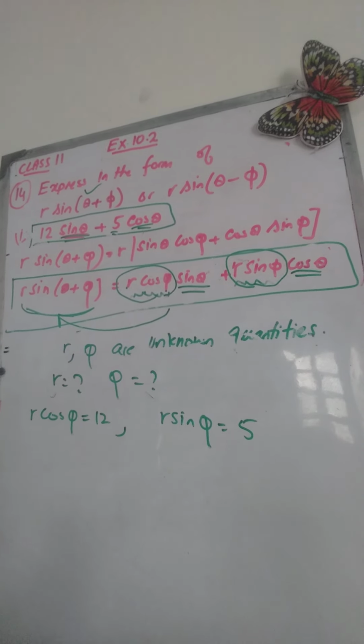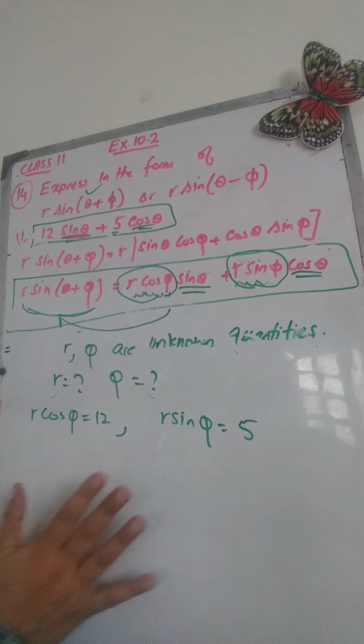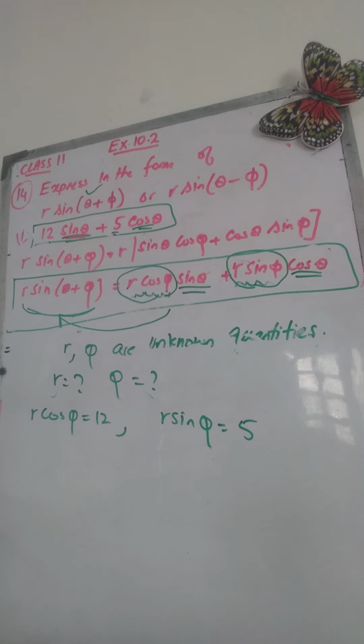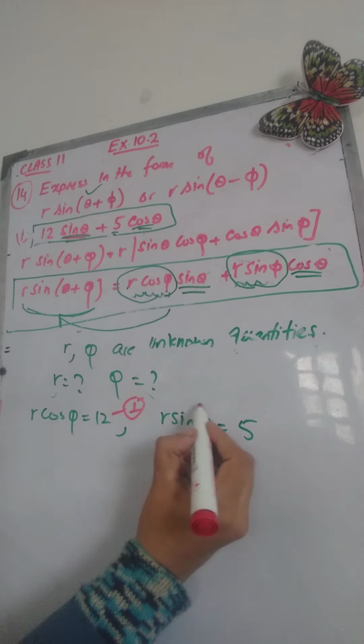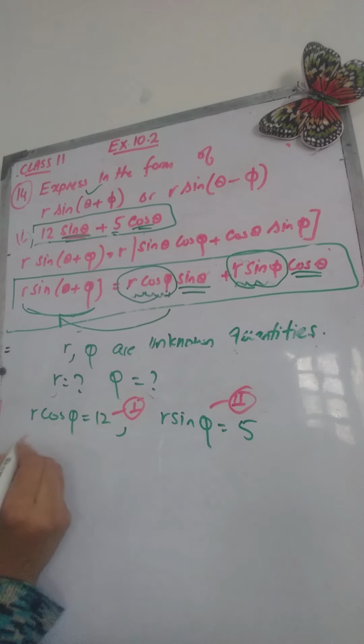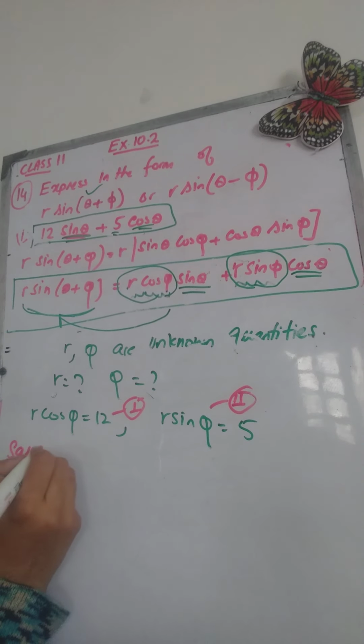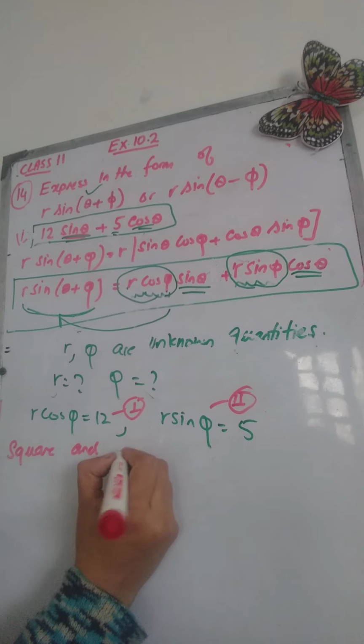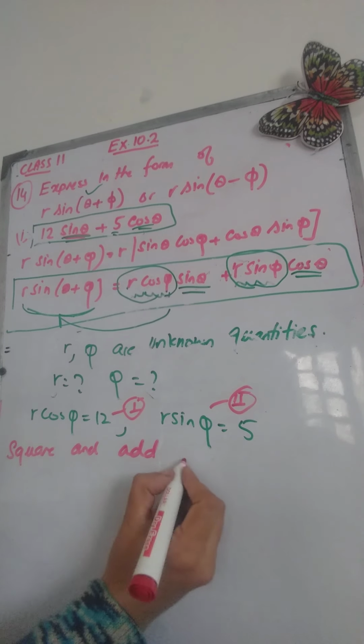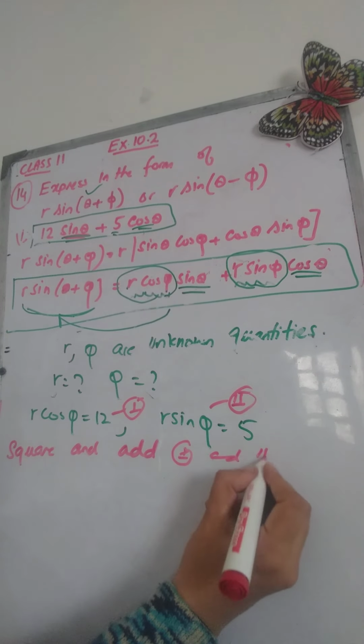So let's start. From these two equations, I can easily find the value of r. How? I'm going to square these two equations and add them, equation 1 and equation 2.